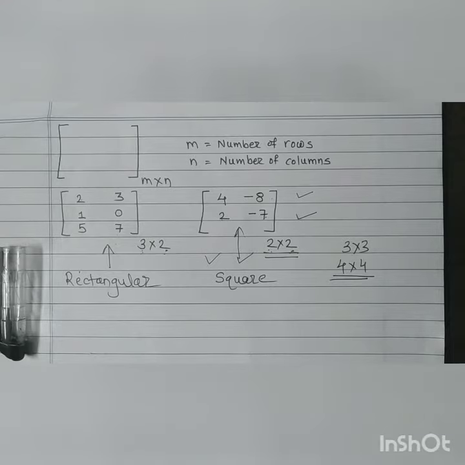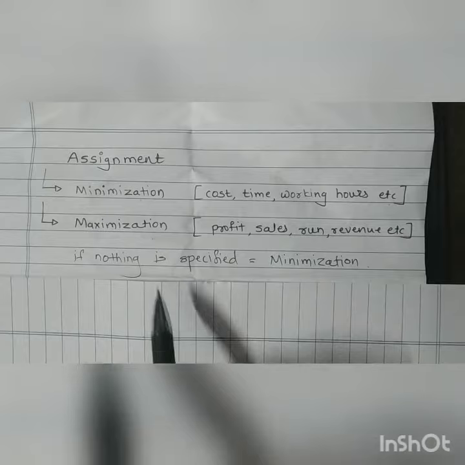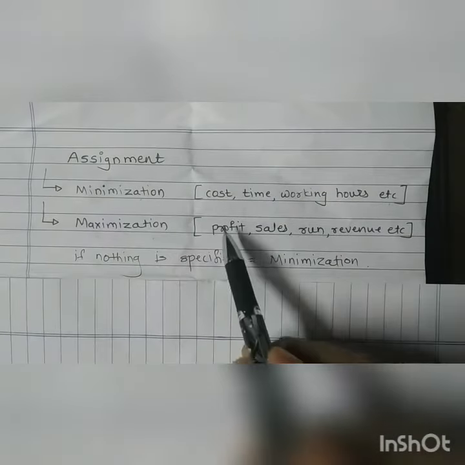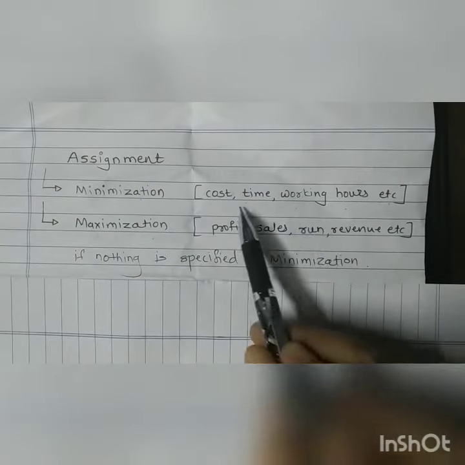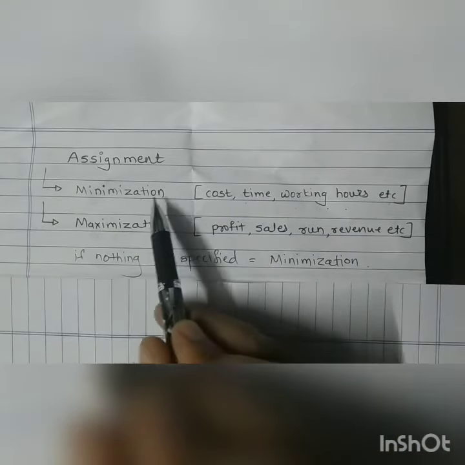Now we will directly solve one example based on assignment. There are 2 types of assignment problem. One is the minimization problem and another is the maximization problem. If the given entities are cost, time, working hours, etc., which we need to minimize, then such a problem is of minimization.